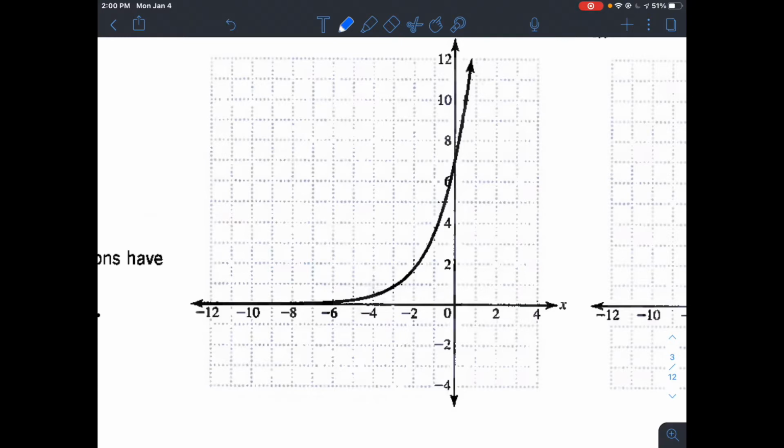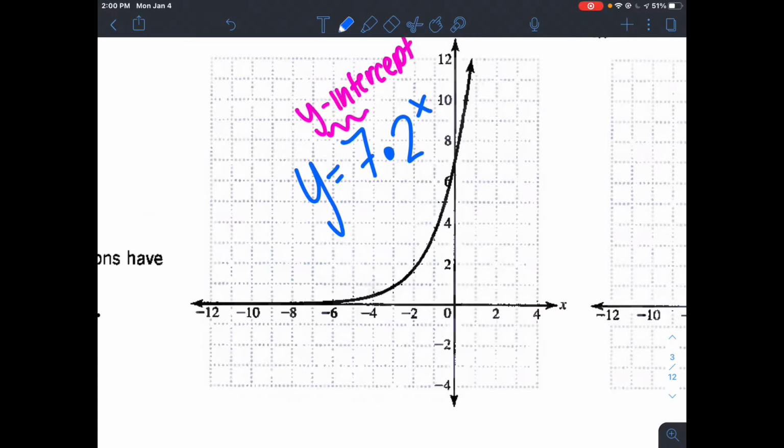Okay, so this graph just goes with the equation C. Y equals 7 times 2 to the power x. Now, how did I know that? Well, if I look at the y-intercept, which is my starting value for this graph, it's 7. My function is crossing the y-axis at 7.